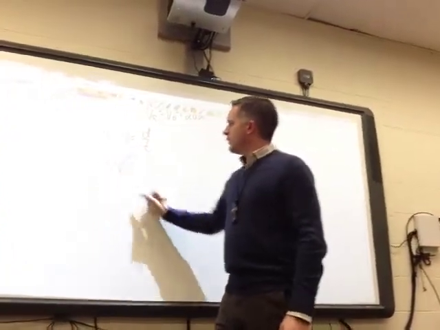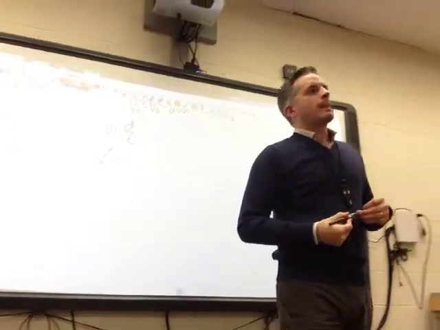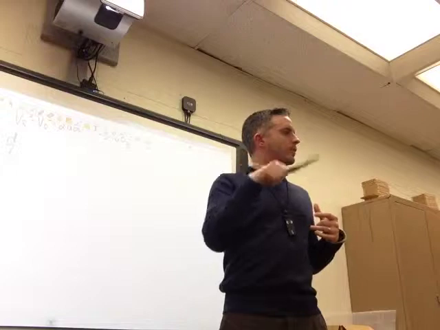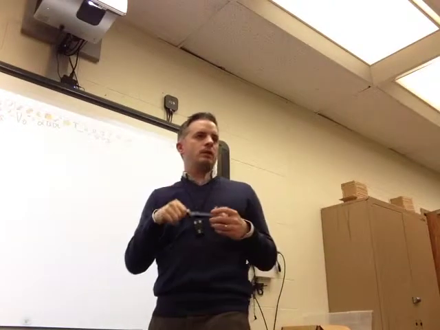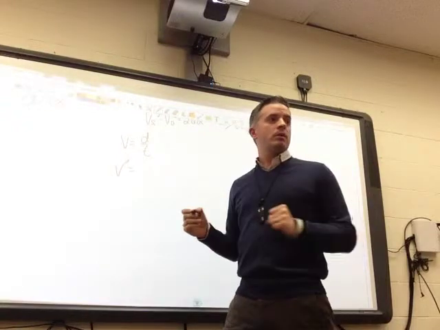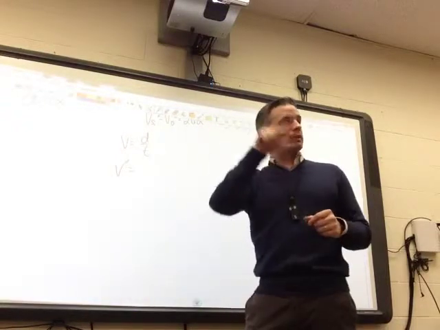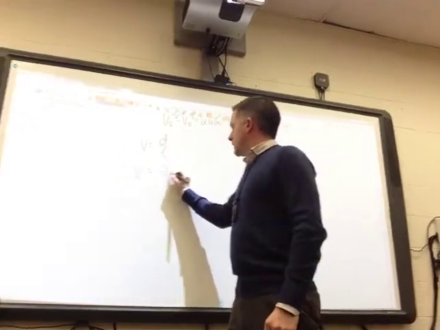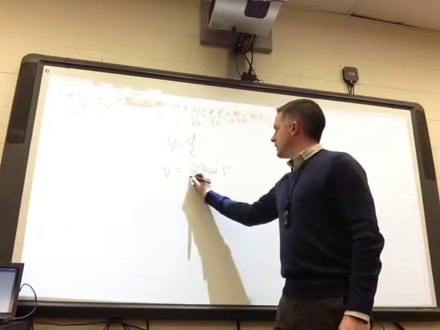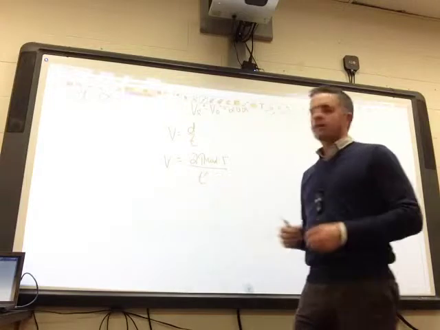So I know v equals d over t. If we're traveling in a full circle, how would we represent that distance? 2 pi r. That would be the distance that the object travels. Or you could say 2 pi radians times the radius, divided by t.